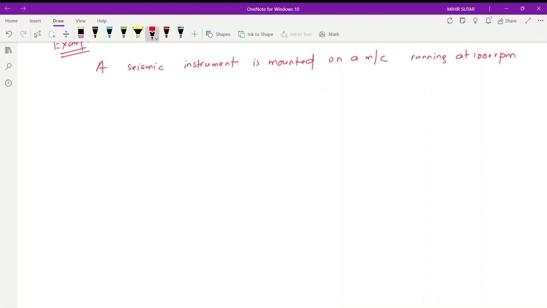The natural frequency of the instrument is 20 radian per second.